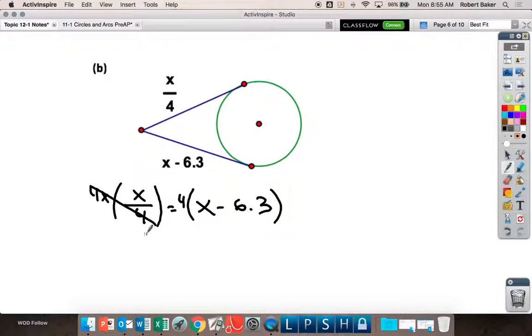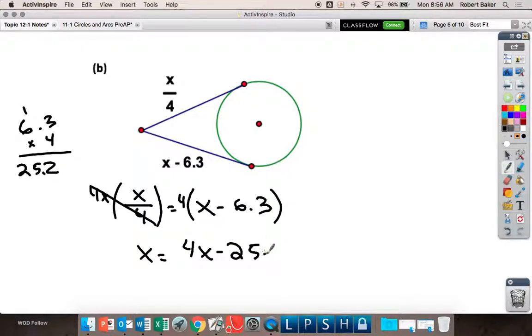So these 4's cancel and you get x equals 4x minus, let's see, 6.3 times 4. So x equals 4x minus 25.2. Something you should be a little more comfortable with solving.